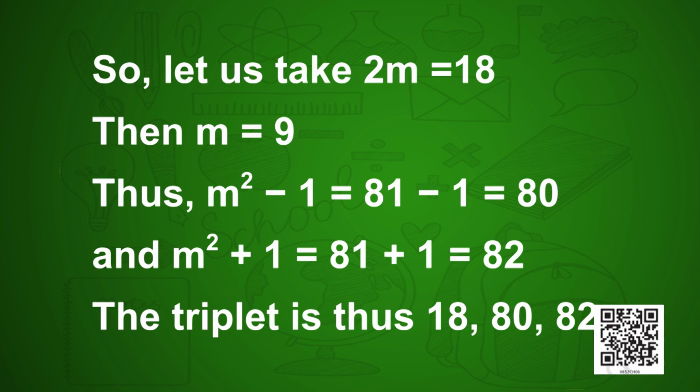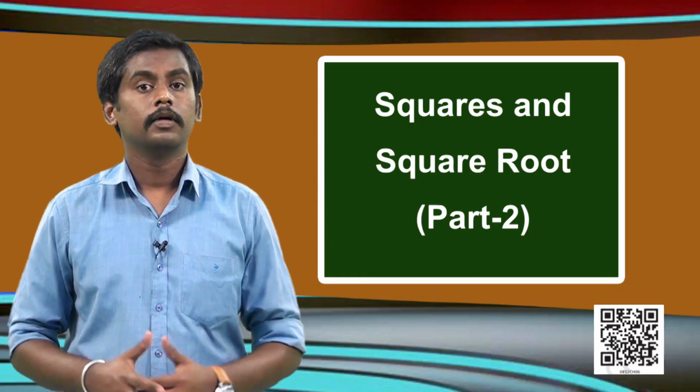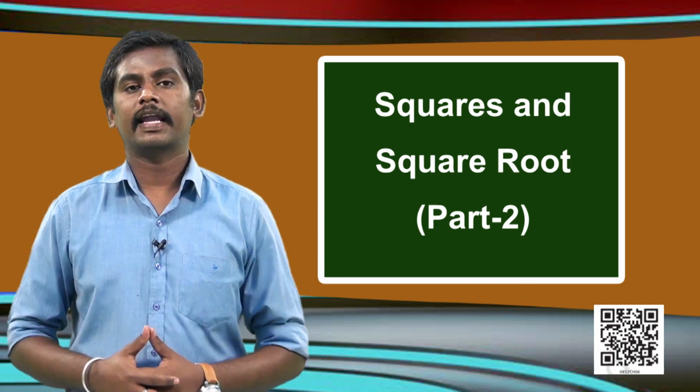Thus m square minus 1 is equal to 81 minus 1, that is 80. And also m square plus 1 is equal to 81 plus 1, that is 82. Thus the Pythagorean triplet is 18, 80 and 82.